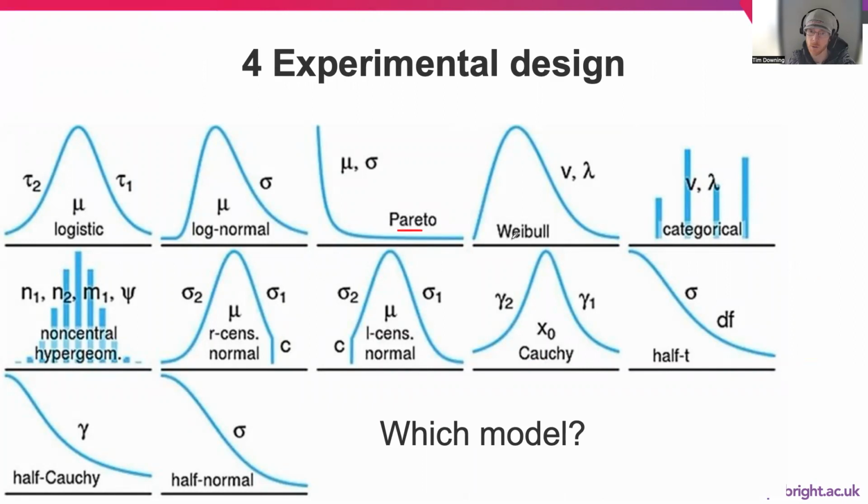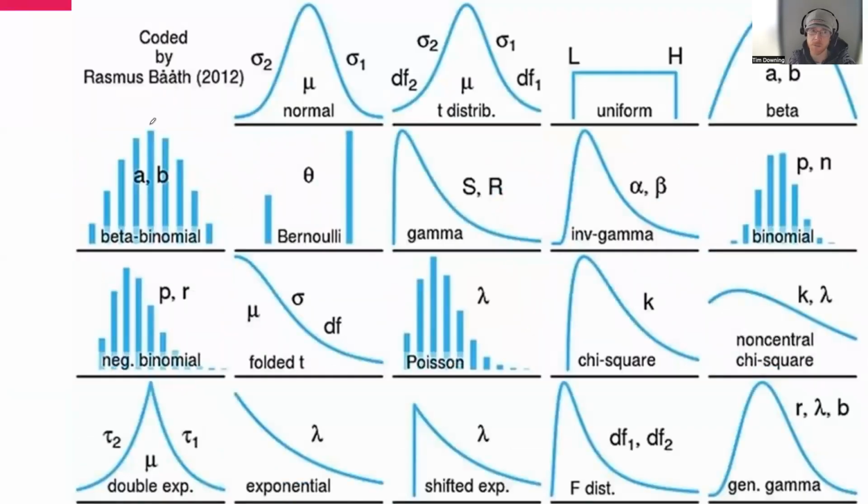It could be Pareto, it could be Weibull, it could be left-right centered, it could be hypergeometric, half a T distribution. This is by Bath. It could be just a normal distribution, in which case parametric works, but it could be binomial, as in the examples of coin tossing here. It could be a gamma distribution or a Poisson distribution if we're looking at events. It could be an F distribution if we're looking at ANOVA or chi-square tests. There are lots of options.